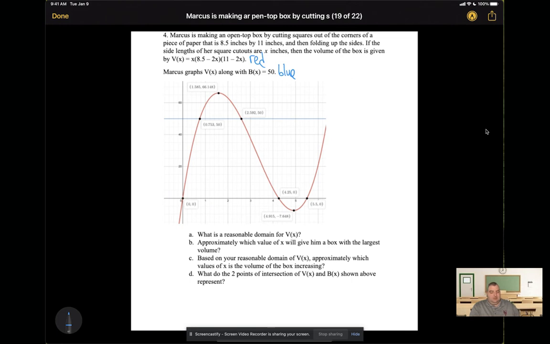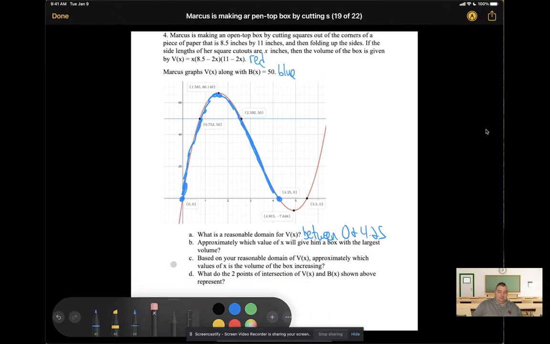So that's going to be these 2 points right here, 0 to 4.25. So the reasonable domain is between 0 and 4.25. That's how I figure out reasonable domain.